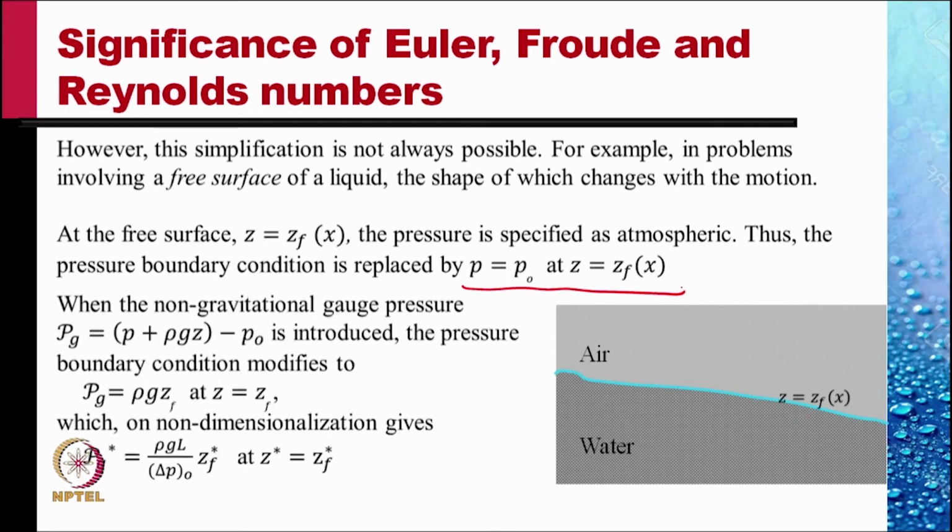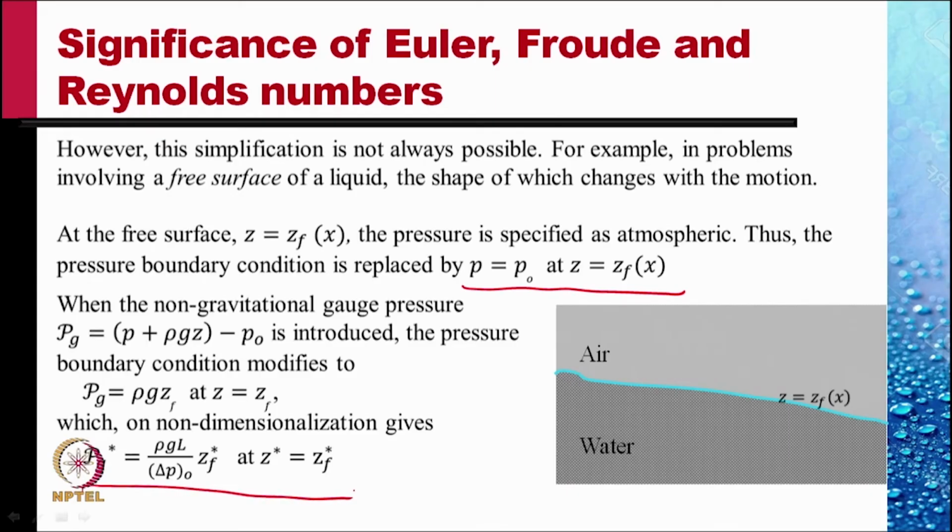When the non-gravitational gauge pressure script P gauge is introduced, the pressure boundary condition in this case is modified as Pg is equal to rho G ZF at Z is equal to ZF, which non-dimensionalized gives this.